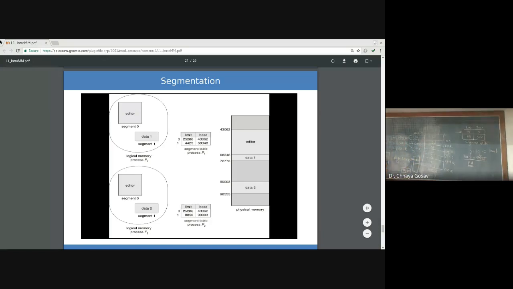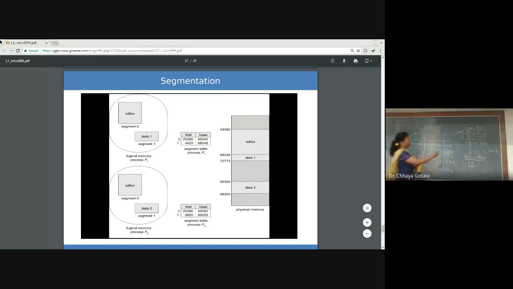Suppose we consider this segment 1. And from segment 1, we are considering this line, say 60th line. Line number 60, I want to read from segment 1. So the logical address is 1, 60.